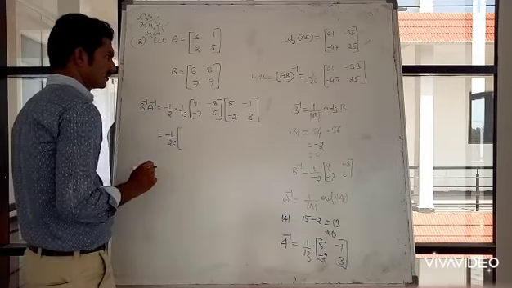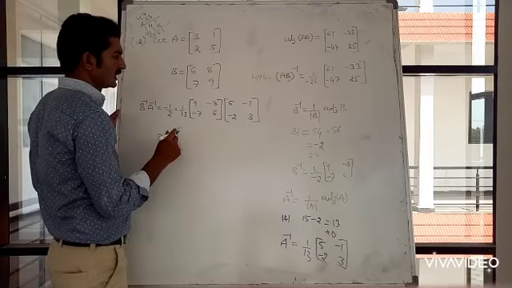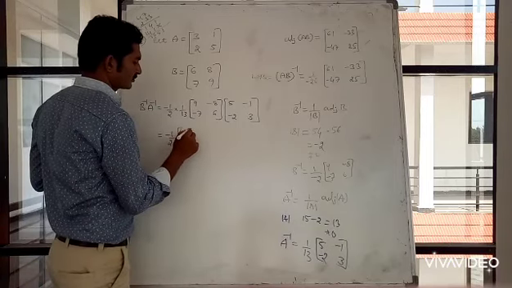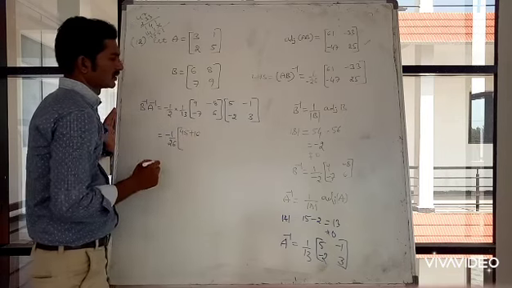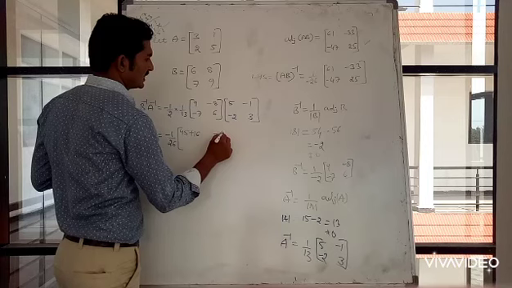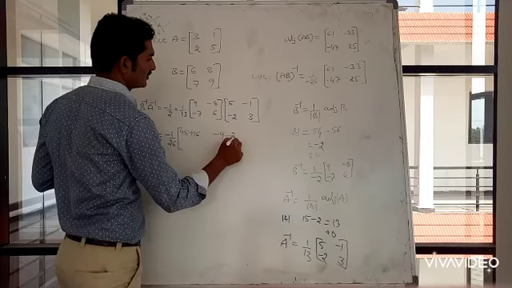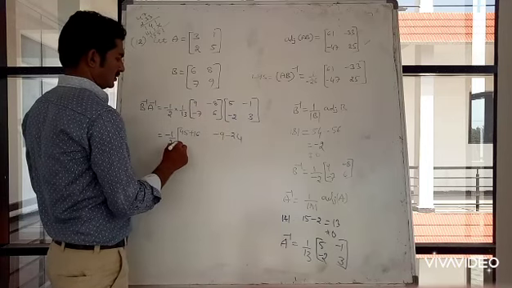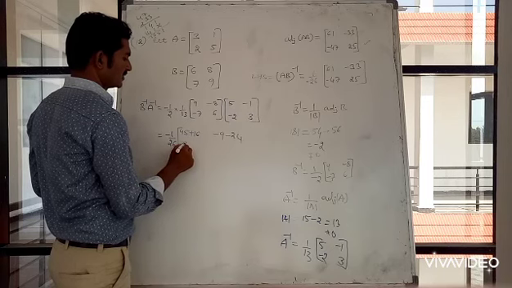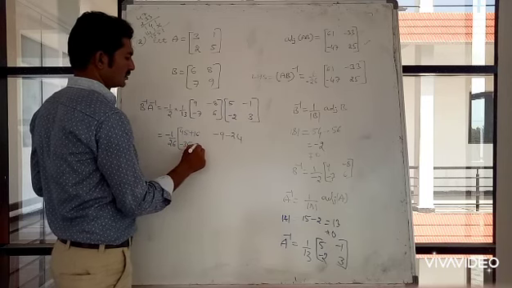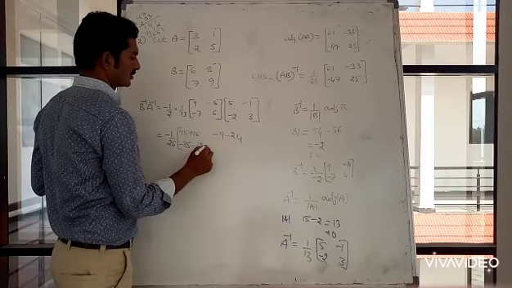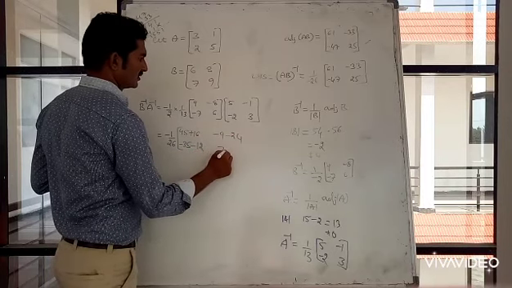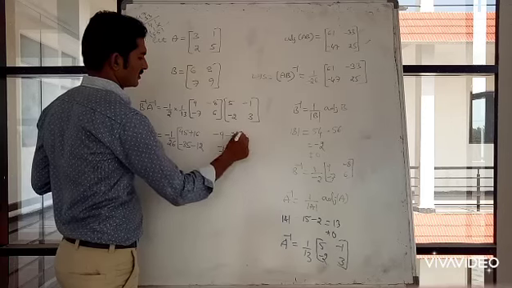Take multiplication. 9 5s are 45, 8 2s are 16, minus 9 minus 24. 7 5s are minus 35, 6 2s are minus 12, plus 7 plus 8.